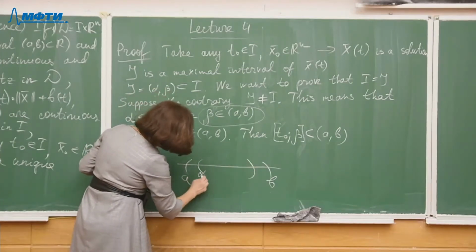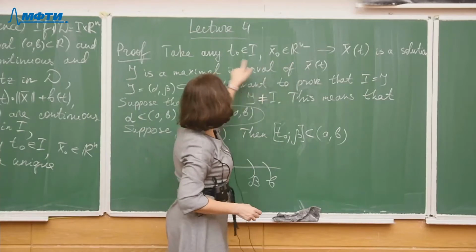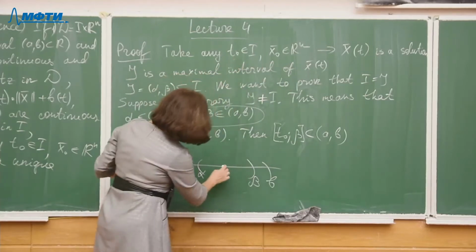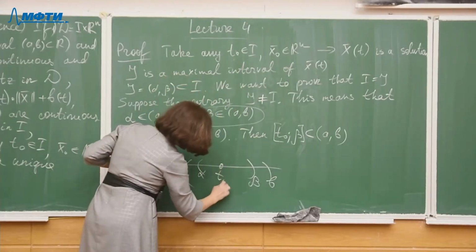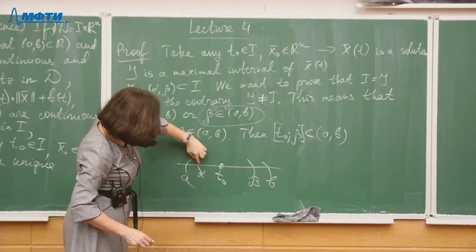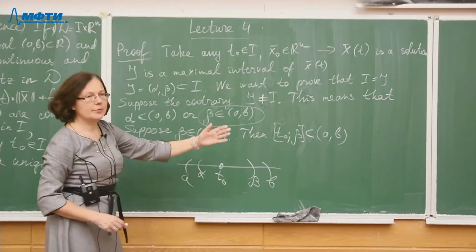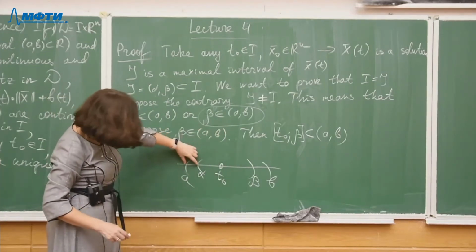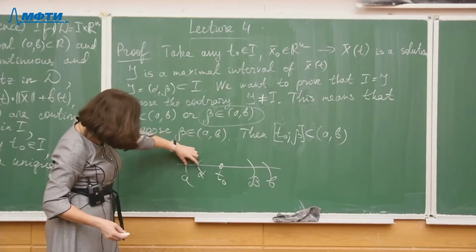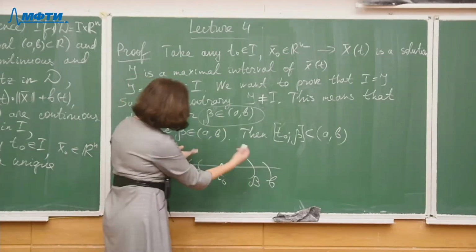So (alpha, beta), but this is a maximal interval of this solution. So t0 is somewhere here. And by assumption, alpha and beta do not coincide with a and b. So alpha doesn't coincide with a, or beta doesn't coincide with b. And so they are different.